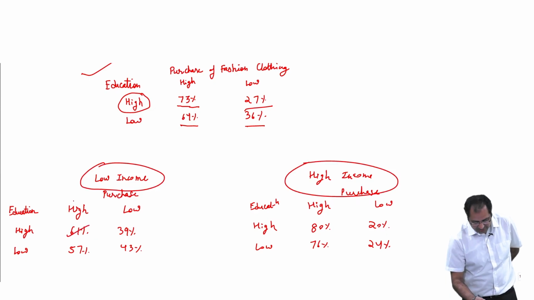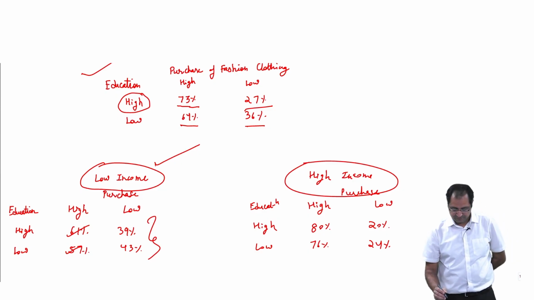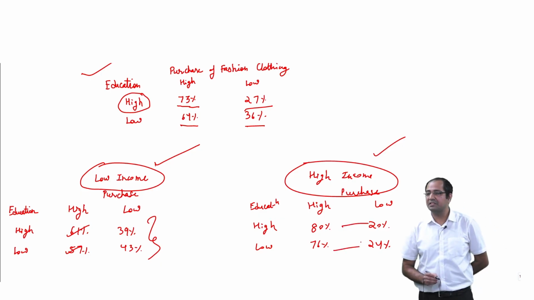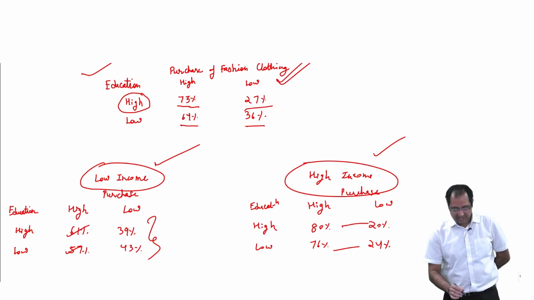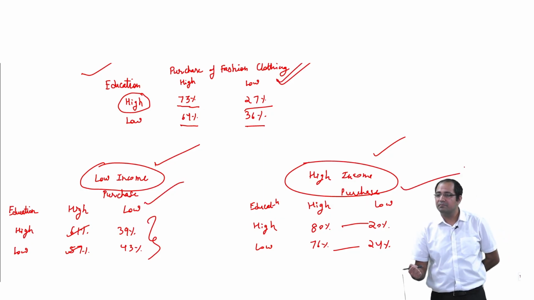that for the low income one, high education and low education look almost similar. For the high income, the difference is almost similar. So which means the effect that you are getting for this one is going away when you introduce income.